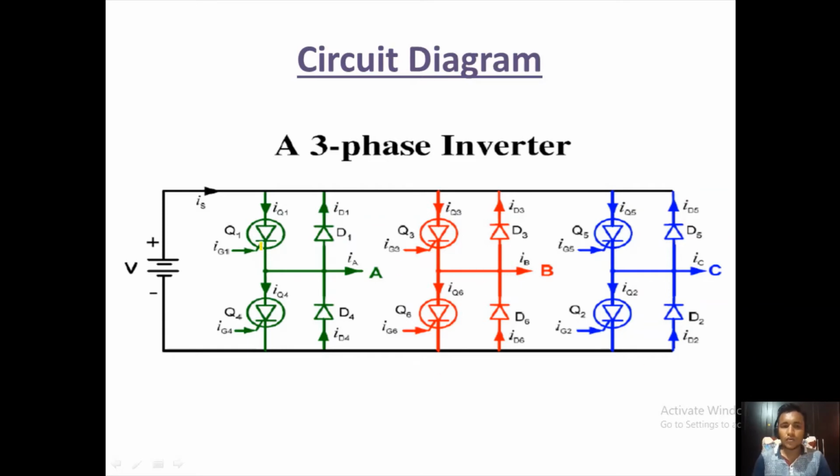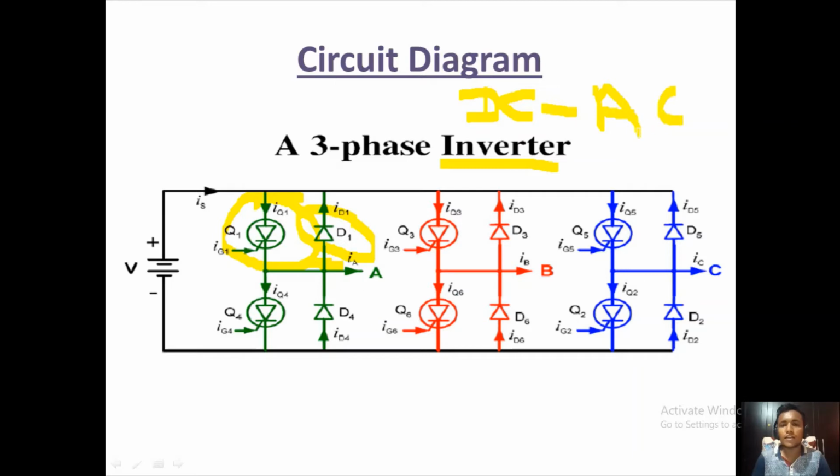And here we use a feedback diode. A feedback diode is always connected across the power semiconductor device, so here we connect this diode across the SCR. A feedback diode is used in inverters, that means it can be used in DC to AC converters.